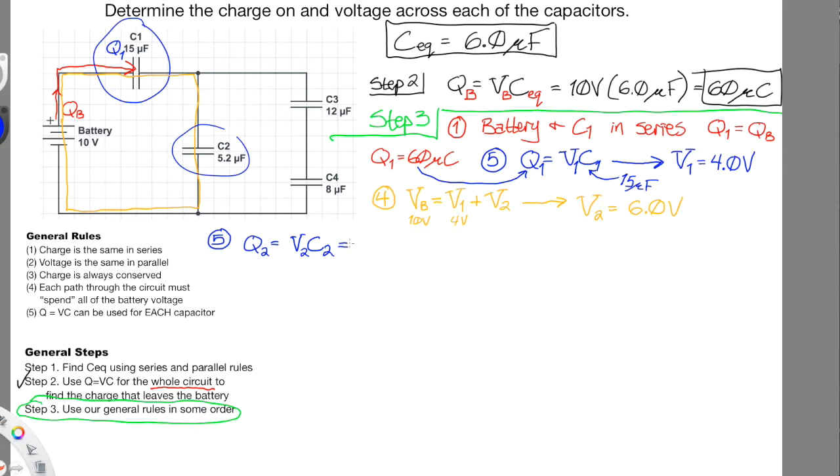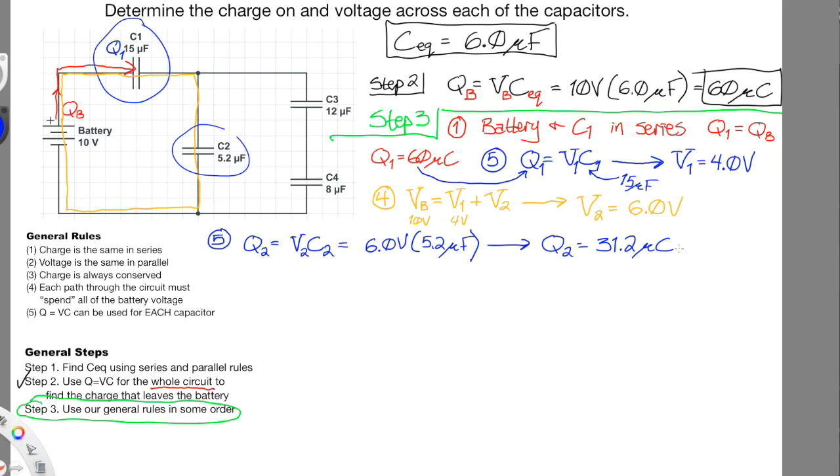Well, the voltage on capacitor 2 we just found. It was 6.0 volts. And the capacitance of capacitor 2 we already know as 5.2 microfarads. You multiply those together, and you get the charge stored on capacitor 2 is 31.2 microcoulombs.